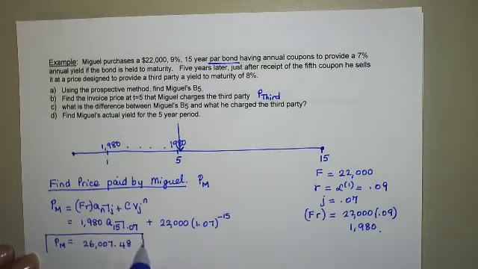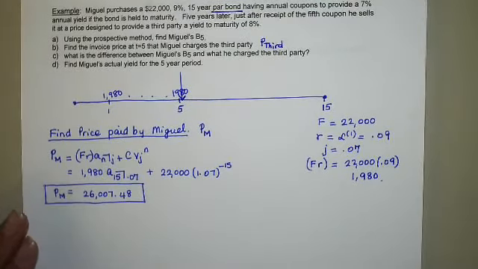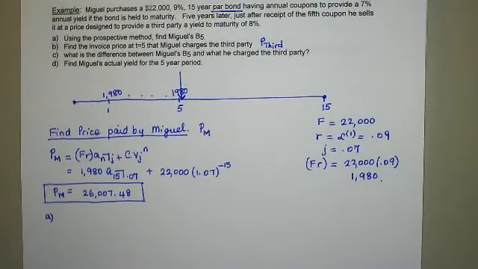This turns out to be 26,007.48. That's the price paid by Miguel. This I'm going to need at the end when I need to find his new yield, considering that he resold the bond. Okay, then part A.